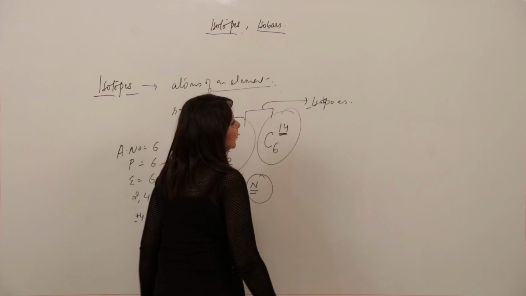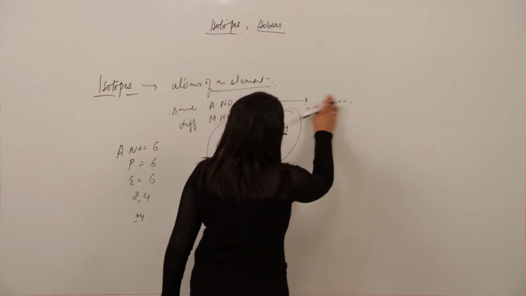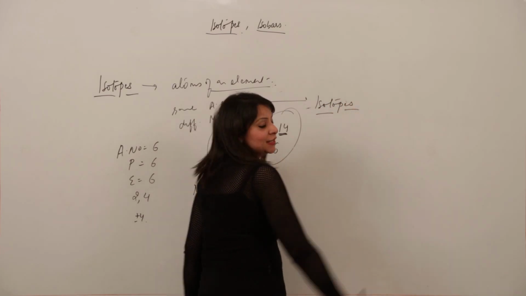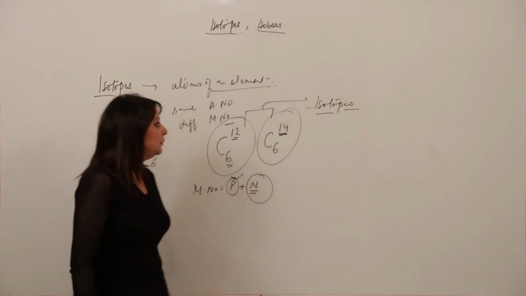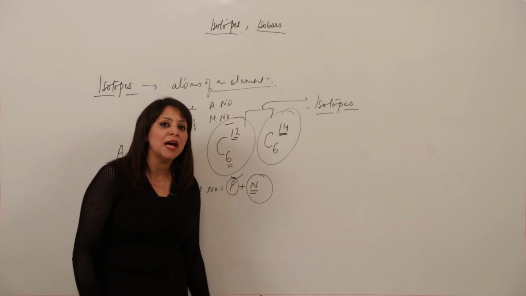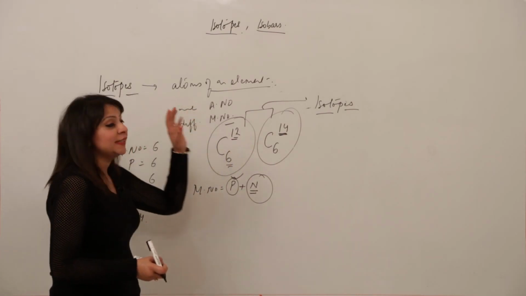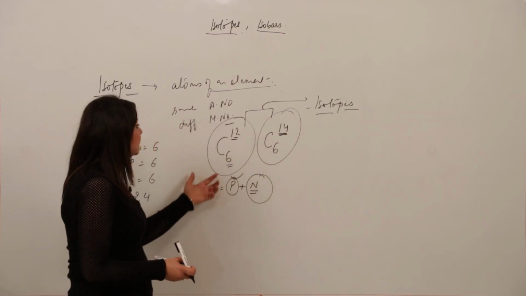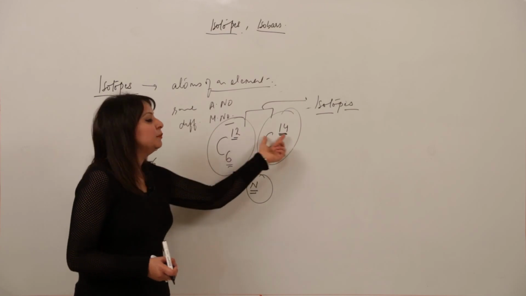Isotopes, I think I've written a wrong spelling. See, it is isotopes, I-S-O-T-O-P-E-S. So the relation between these atoms is that they are isotopes. Isotopes means the atoms of the same element. They are the atoms of the carbon element, the same element, which has same atomic number but different mass number.